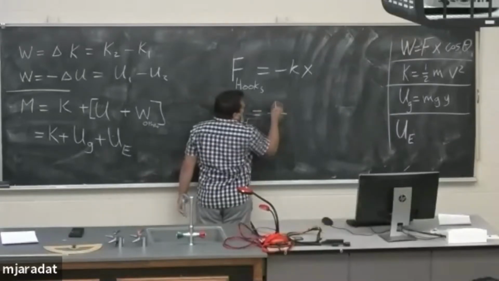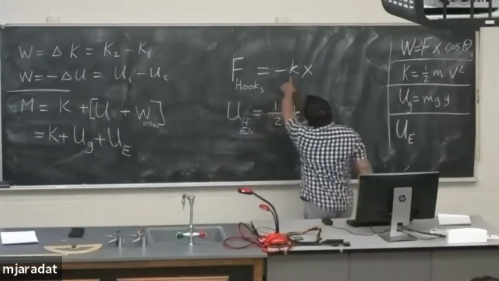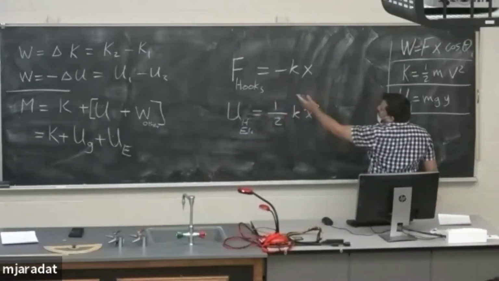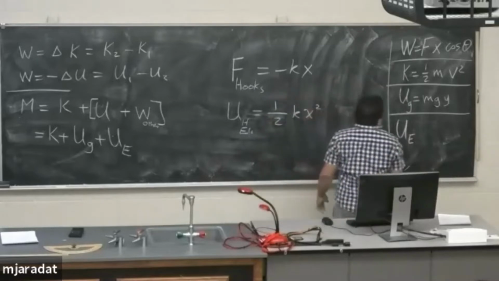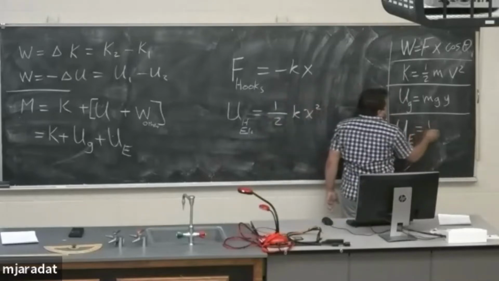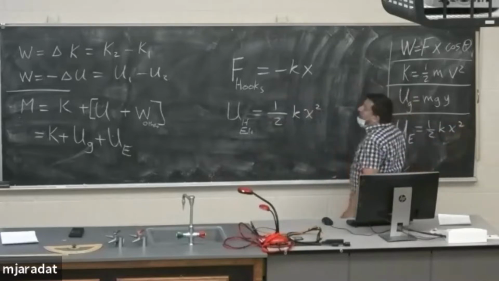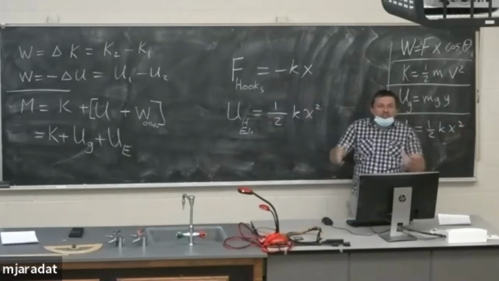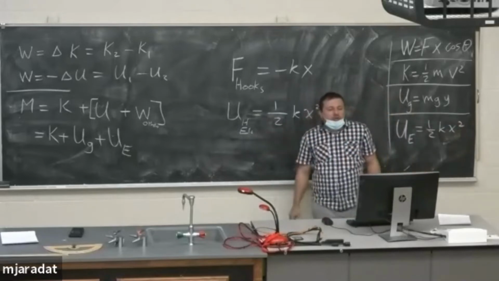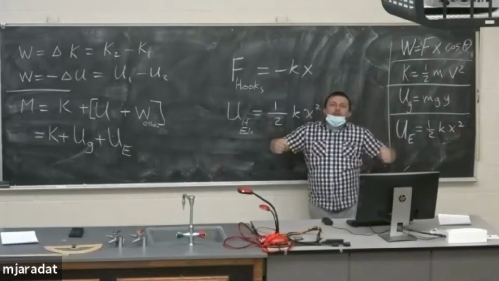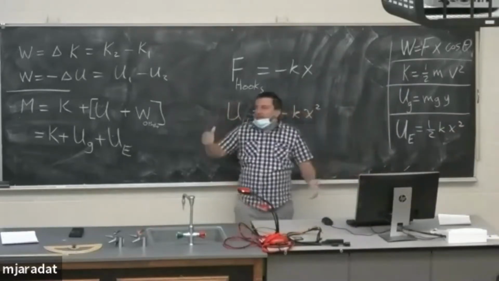It will be 1/2 K x squared. K is the same K, x squared is the same compression distance. So the potential energy due to the spring is 1/2 K x squared. K is the spring constant. If the spring is light, it is easy to move, then K is small. If the spring needs more force to push it or expand it, then K is big.